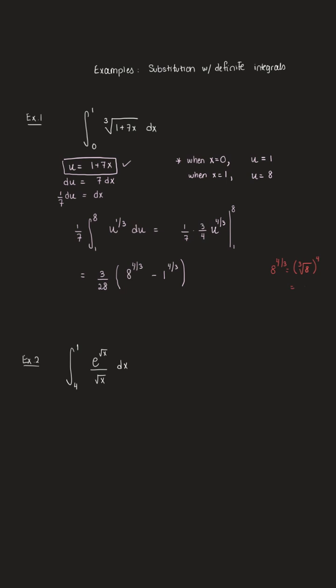So the cube root of 8 is 2, and 2 to the 4 is 16. So now we have that this will be equal to 3/28 times 16 minus 1. So that's 3/28 times 15, which will give us 45/28. And that is the value of this definite integral.